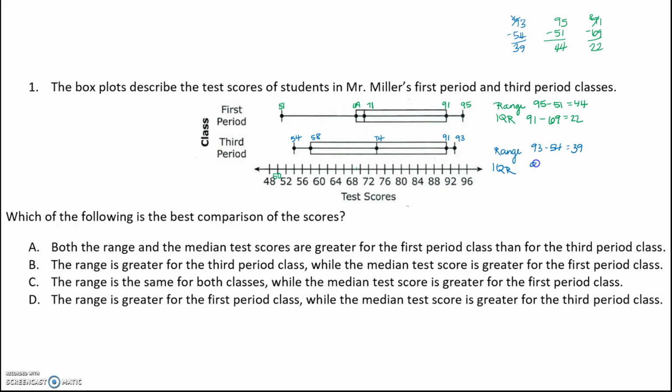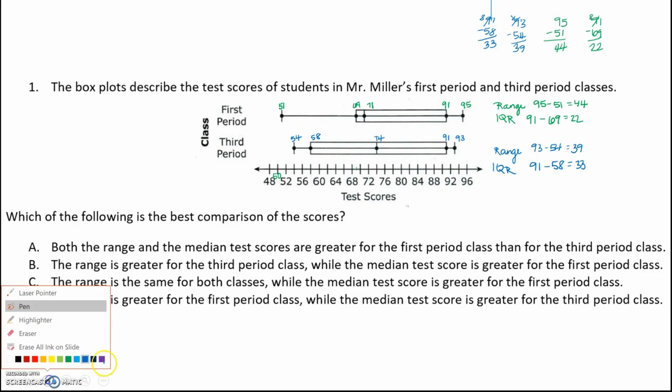The right side of the box, 91, minus the left side of the box, 58. 11, 8, 9, 10, 11, 8, 3, 33. Okay. All right, so once that is done, then you get to dive into your problem.